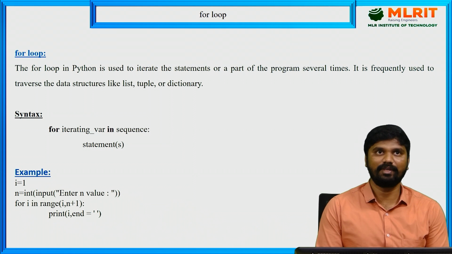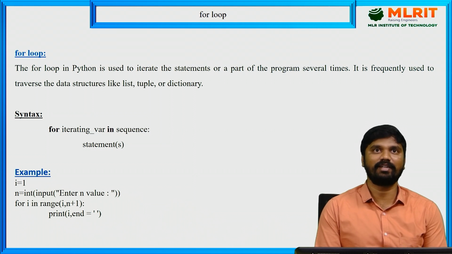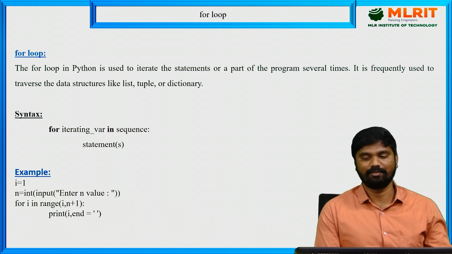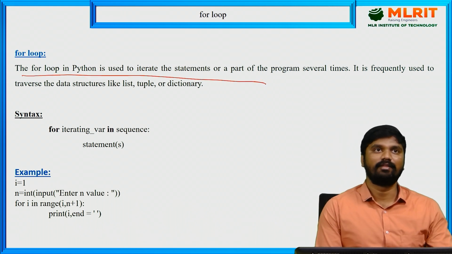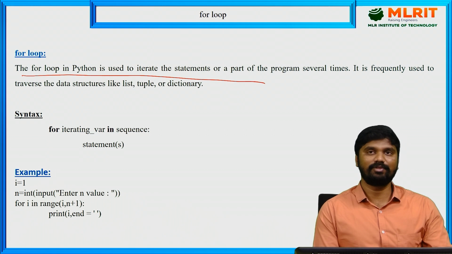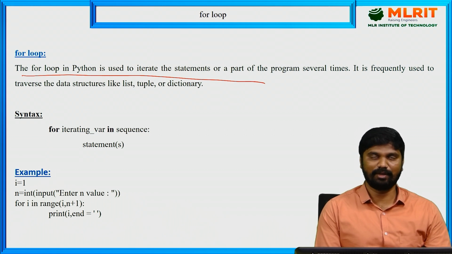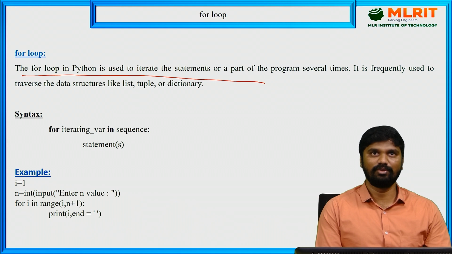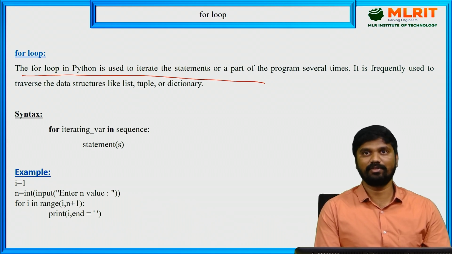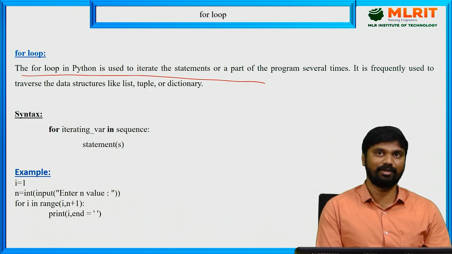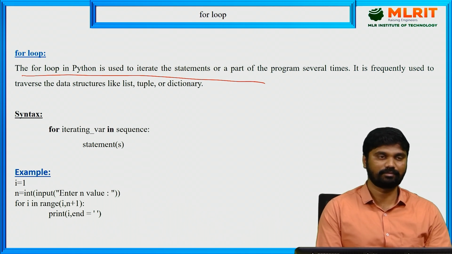The for loop in Python is used to iterate the statements or a part of the program several times. So the for loop is also useful to execute statements repeatedly. But the while loop is also useful to execute statements repeatedly multiple times.